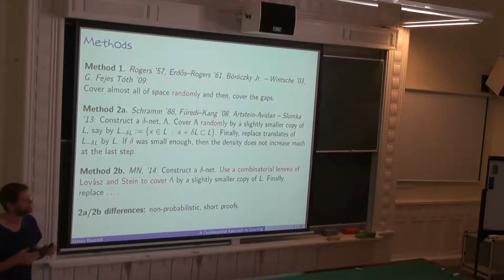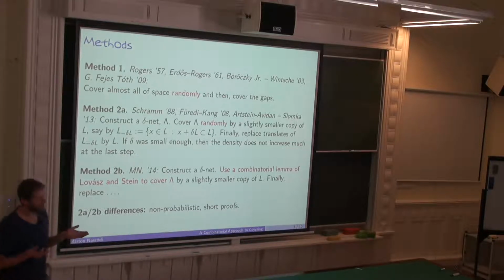So Rogers' idea is the following: first you cover most of the region that you want to cover randomly. You just pick translates randomly, sufficiently many so that much of the space is covered, but you don't pick too many.